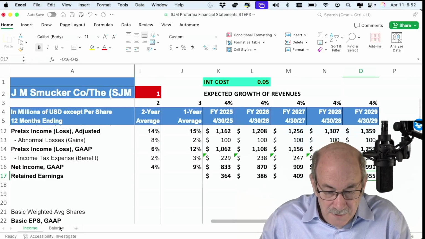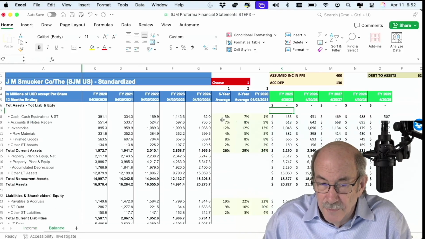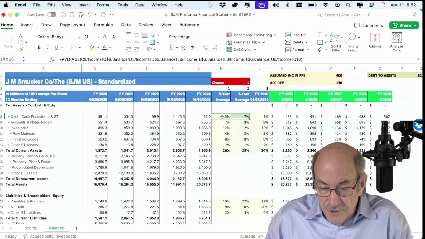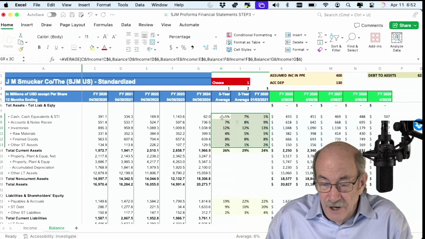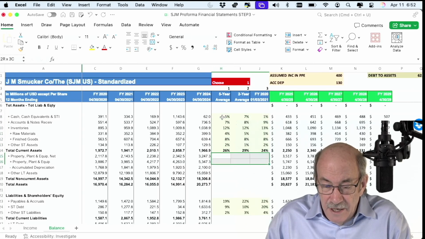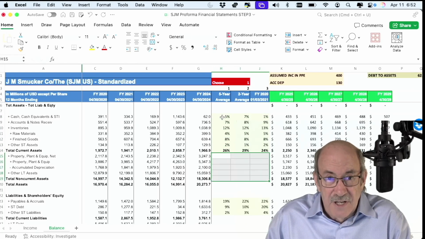Onto the balance sheet. We're doing similar things there. Here's all of our current accounts that we assume are going to vary directly with revenue. Now, you'll notice that I haven't done anything for the fixed assets.